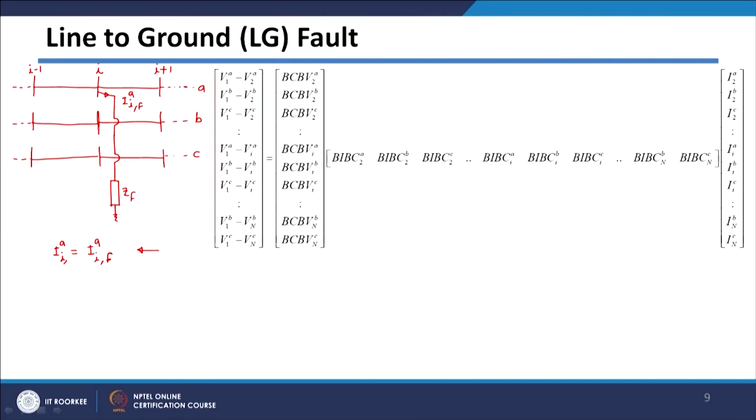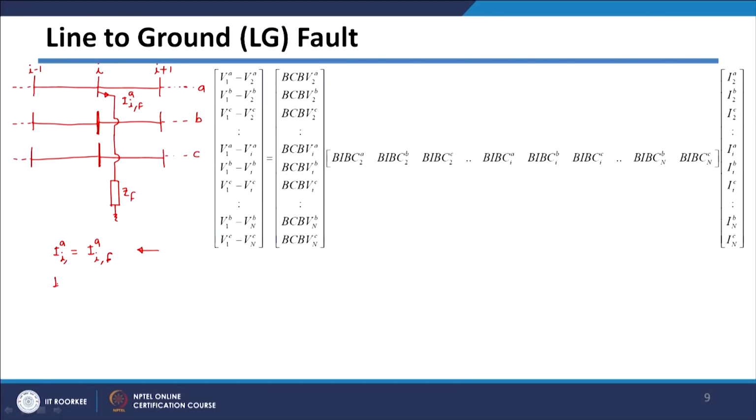So load currents will be negligible as compared to fault currents. In that case, all other nodes, like the node of B phase or the node of C phase, will be serving load currents which are basically negligible. So we can say that the B phase current will be almost equal to 0 as compared to the fault current. Similarly, the C phase current of the ith bus will also be equal to 0.